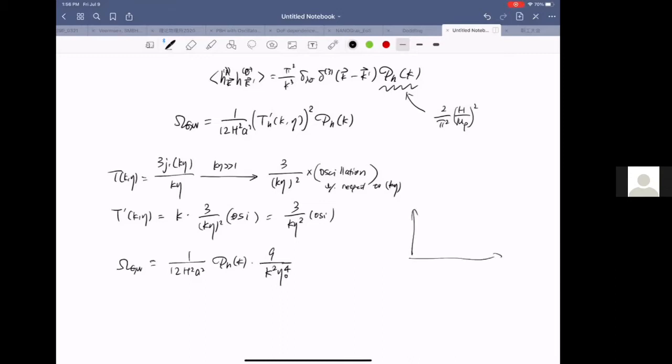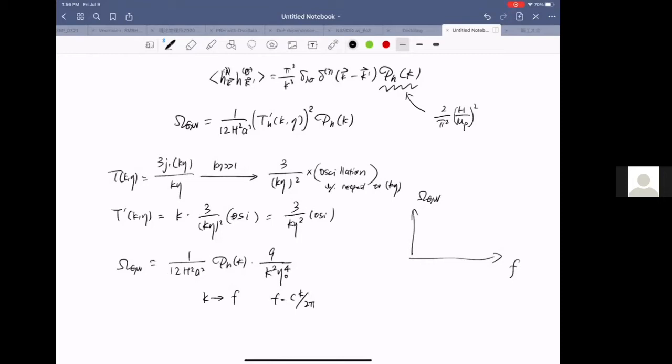If you write it, let's say now you can transfer the k to the frequency, where frequency is k over 2 pi.